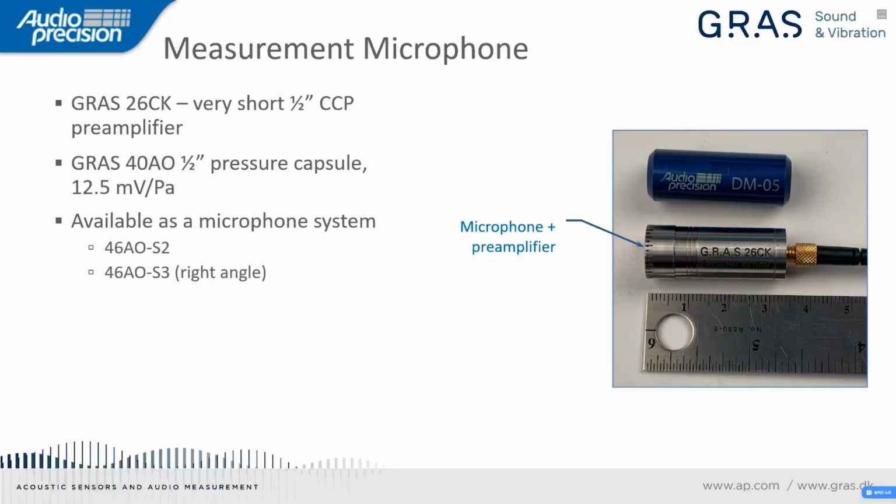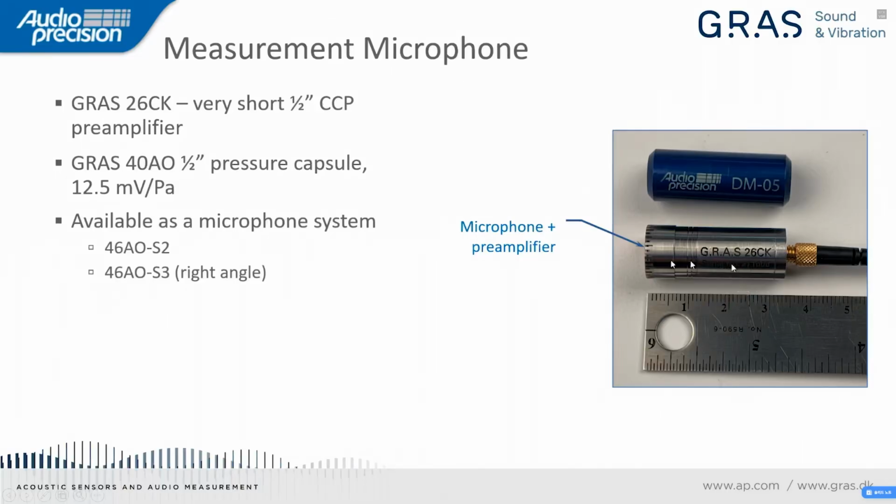That's shown in the picture here with the microphone capsule attached to the preamp. So as you can see, I just put a ruler in the picture, and the total length of the preamp and microphone combined is about 37 millimeters. Nice and small, which is great for use in that chamber, which has limited space.